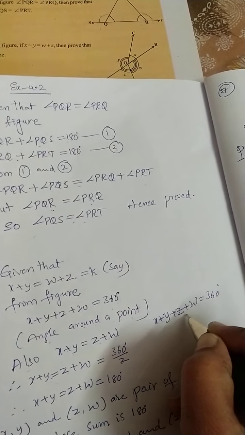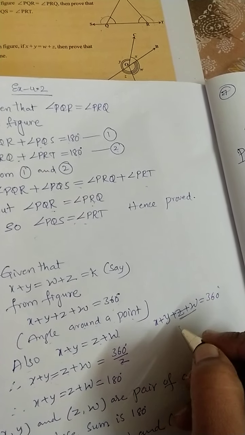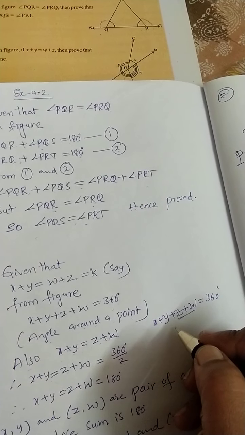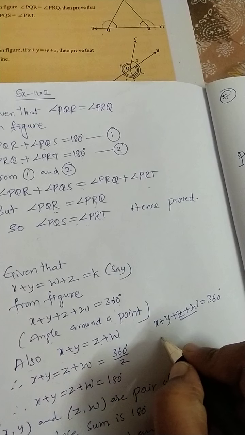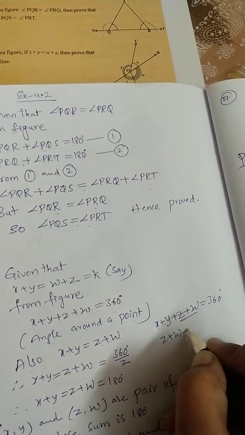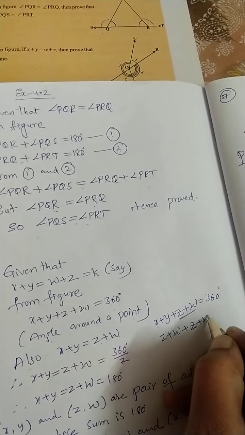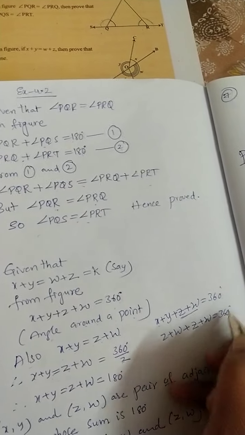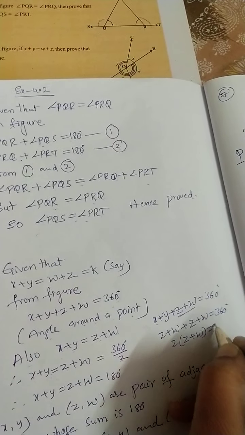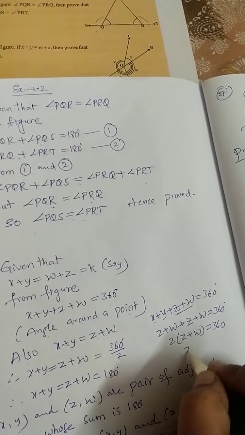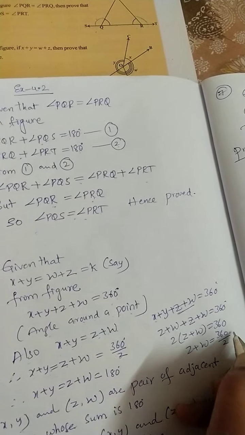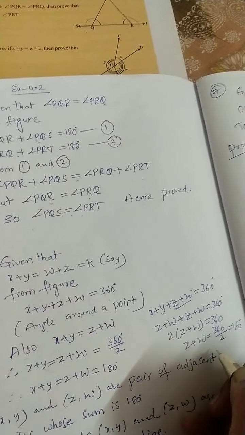We know the condition x plus y is equal to w plus z. Now in place of x plus y you should write w plus z. Here also w plus z is equal to 360. 2 times w is there, 2 times z is there. Take 2 as common. Now z plus w is equal to 360 by 2, that is equal to 180 degrees.